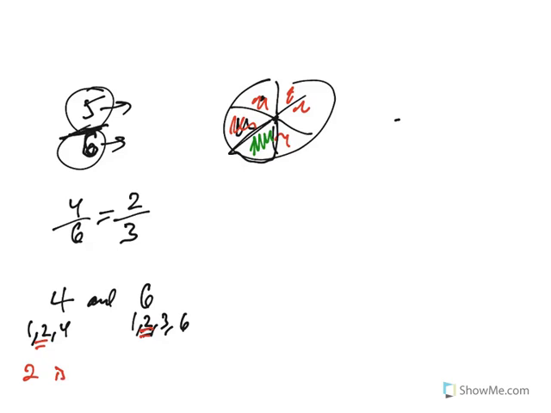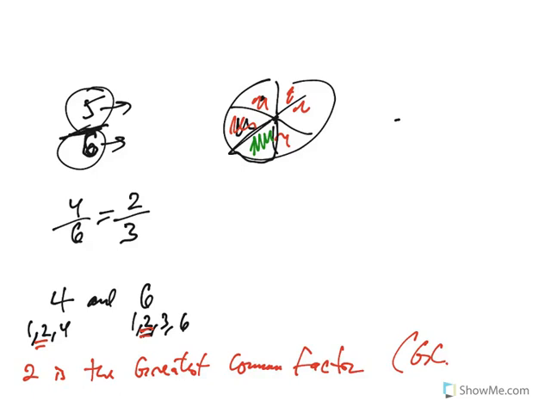So we say 2 is what's called the greatest common factor, abbreviated as GCF. Sometimes, in higher math, it's called the greatest common divisor, which is GCD. But the idea of greatest common divisor is its own skill.